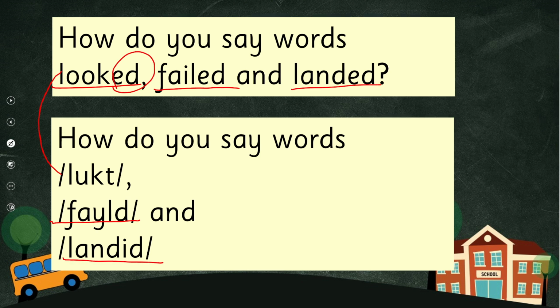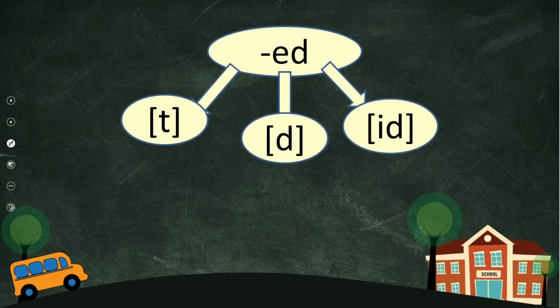So this ED sounds like T, looked. This ED sounds like D as in failed. And this ED sounds like it as in landed. So how do we differentiate and how do we pronounce these words? We learn in detail, inshallah.